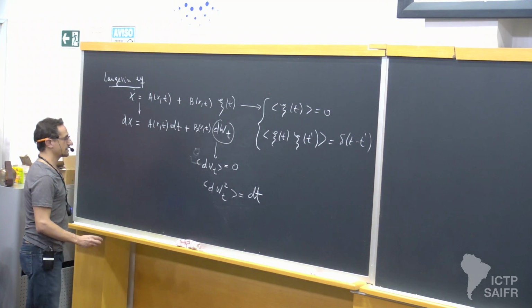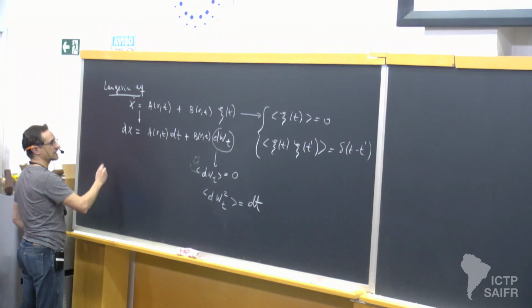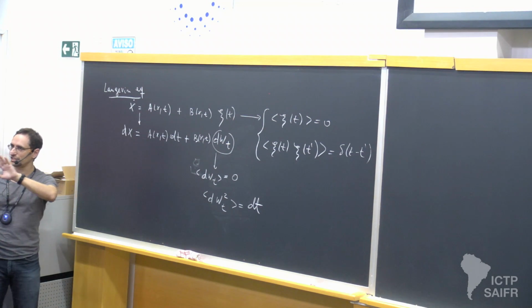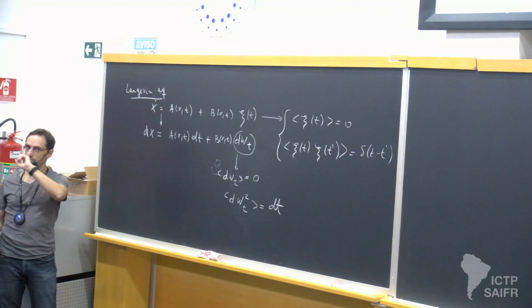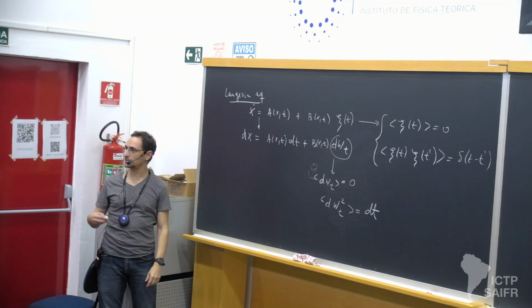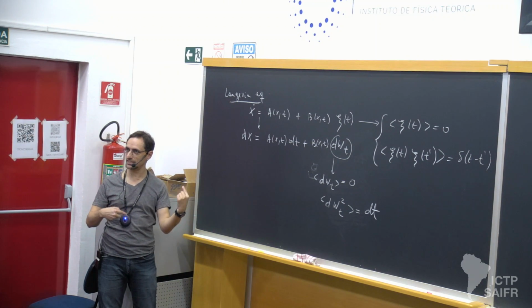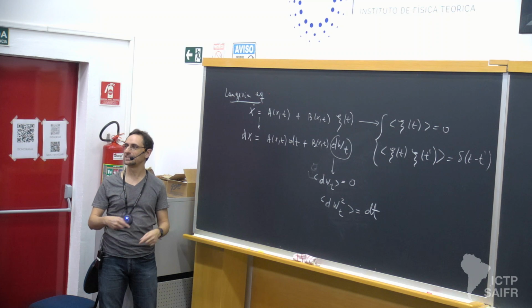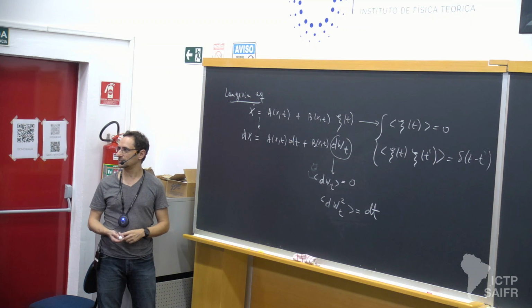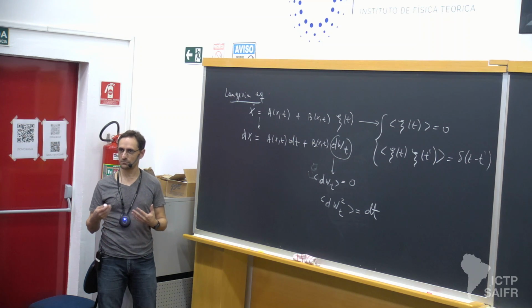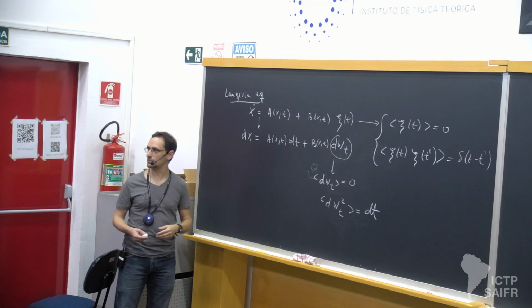And the Fokker-Planck is going to be something that looks like this. I'm going to give the recipe, and if someone is interested in why what I'm going to write is the way I'm going to write it, we do it later. I demonstrate how you go from this to the Fokker-Planck.